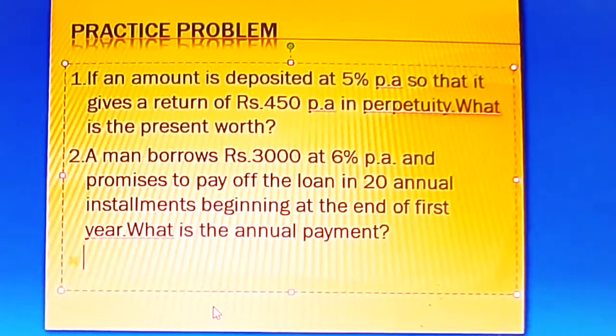Take page number 1913. You can do example 11, example 12, example 13, example 14, example 15, example 16, example 17, example 18, example 19, and example 20 and 21. You can try to solve all these problems as much as you can.